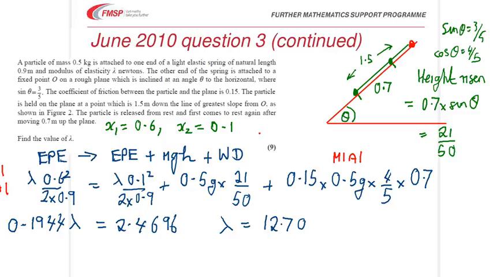An M1 A1 for the energy equation, that gives us 6 marks. Where's the other 3? Putting the actual values in and getting the correct values of the initial and final extensions. That's 8, and of course an accuracy mark for the final answer.